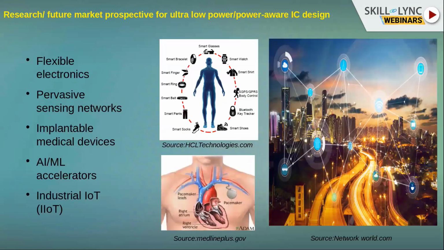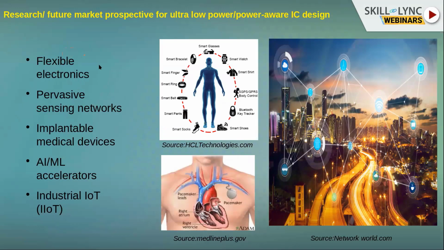And power aware IC design or energy efficient IC design is not only a hot topic for the industry, it is also a very trendy thing going on in research. Once you have the power awareness, then, that's actually the bottleneck.